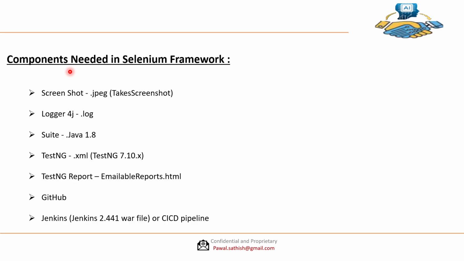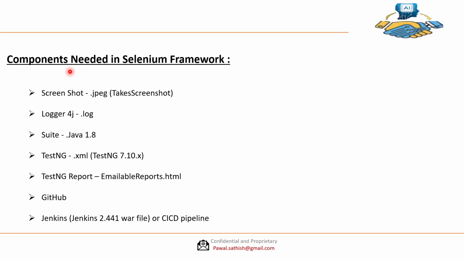The next component we require is the test engine. Here we are using TestNG 7.10.x, the latest version, to execute all the scripts. For reporting purposes, once the execution is done, whether it is smoke, sanity, or regression execution, we can use the emailable reports and share them within our team.